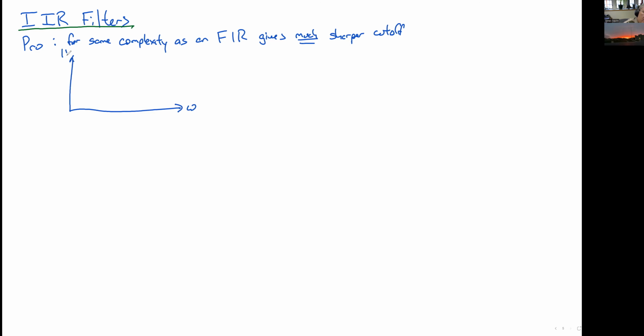So as an example, here's the magnitude of our DTFT. Here's a pi over 2, and here's our pi.